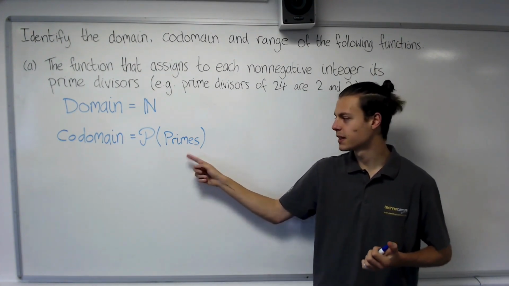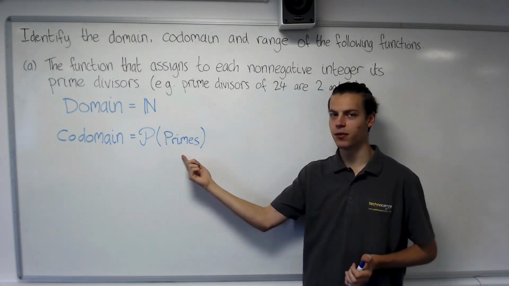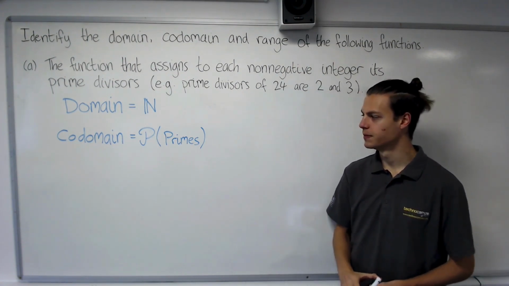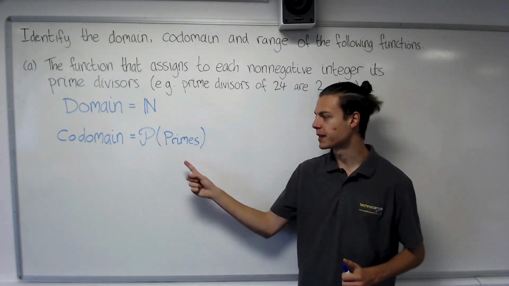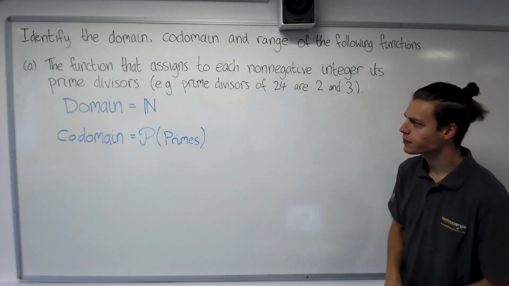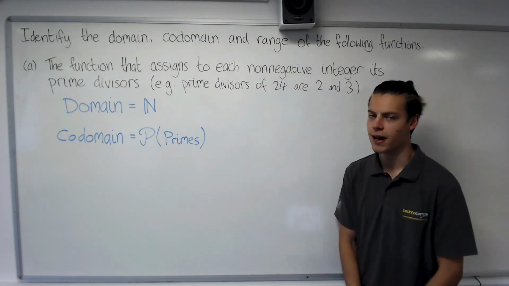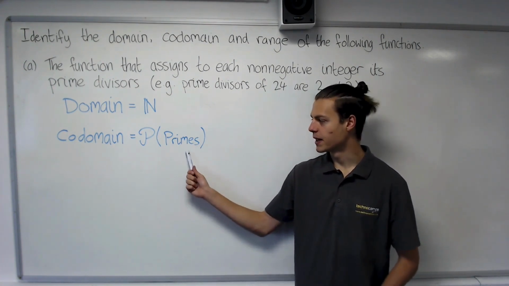Primes denotes the set of primes, right? So it's the power set of the set of all prime numbers. Remember, the power set is all possible subsets of this set. Now, what's the range? Well, actually, I claim that the range is also the power set of primes.